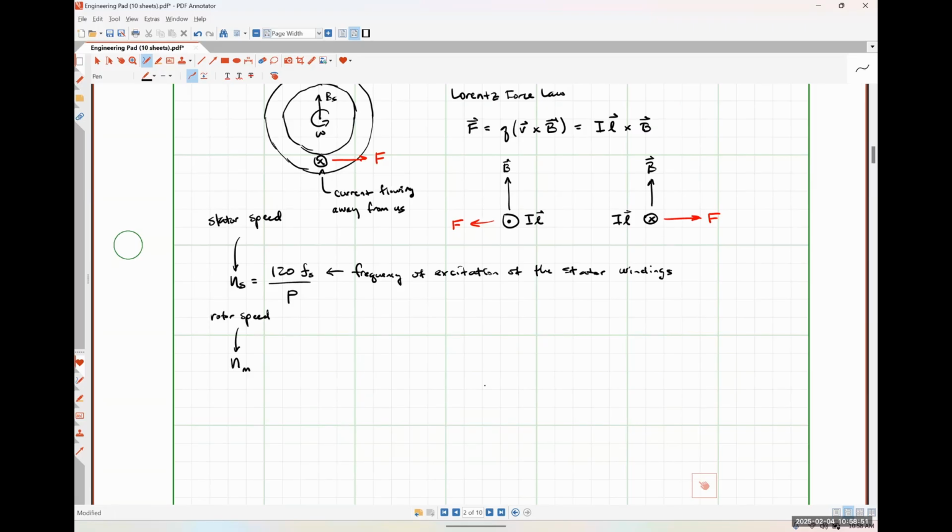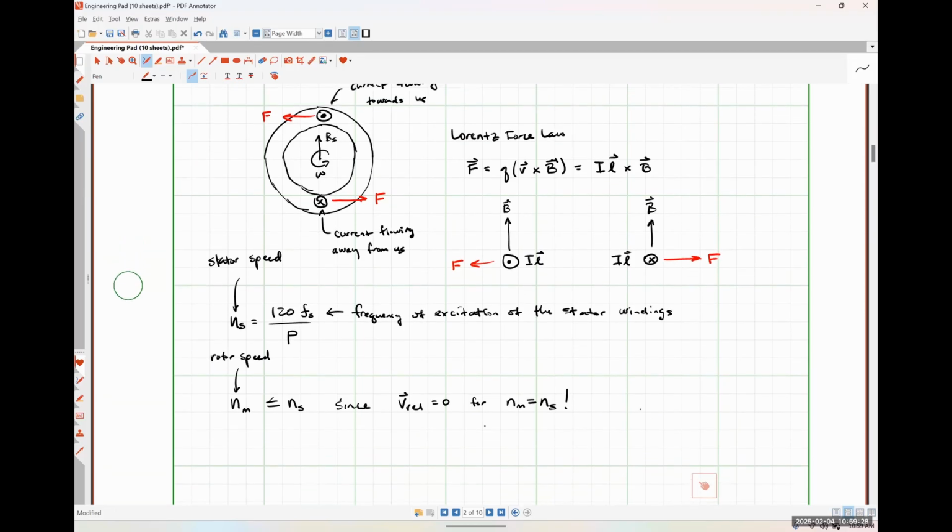So NM will always be less than or equal to NS, since VREL is equal to 0 for NM equal to NS. And the difference of these two things is what we're going to call slip in just a moment.